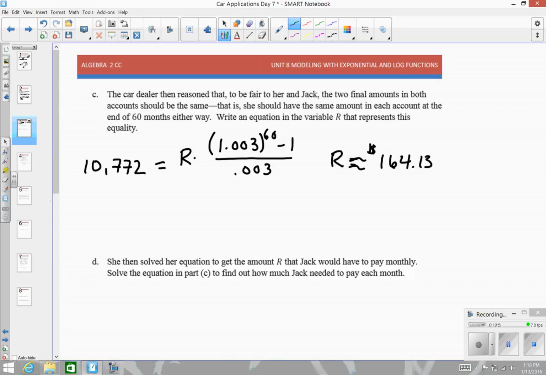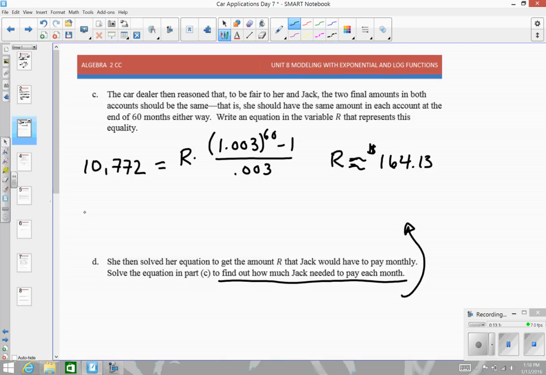Alright, so this kind of example talks then about how we figure out monthly payments and how we look at finding future values. This part D in your notes here, find out how much Jack needed to pay each month. We kind of did that up in part C above.